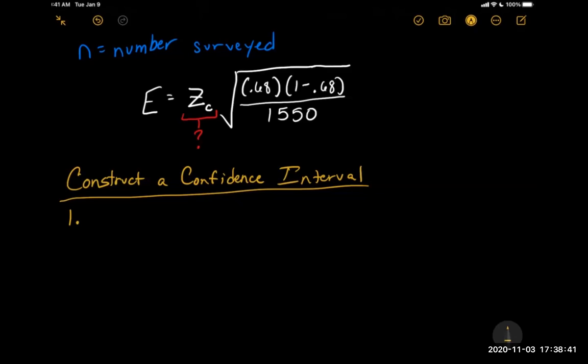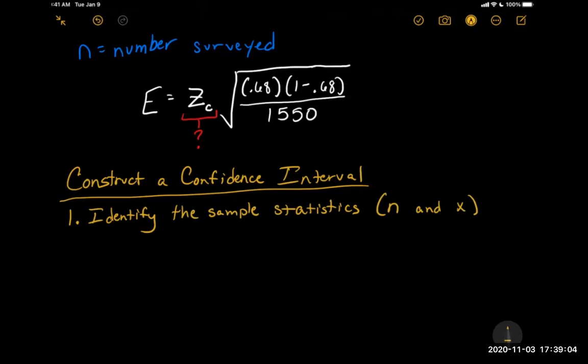So step one is you want to identify the sample statistics. Now, what I mean by that is the two numbers you want are N and X. N is the number of people that I surveyed, and X, I hope you remember, because I said it 3 minutes ago, is the number of people who said yes.